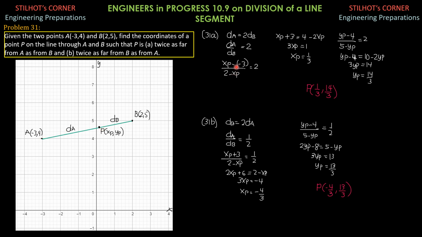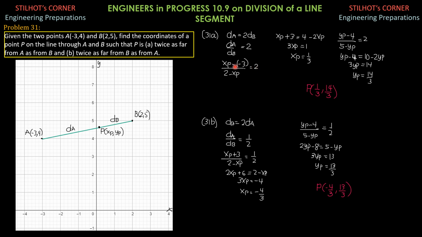So x sub p minus quantity negative 3 is equal to the horizontal projection of distance B, which is quantity 2 minus x sub p. So that's the x projection. So x sub p minus negative 3 over 2 minus x sub p equals 2.